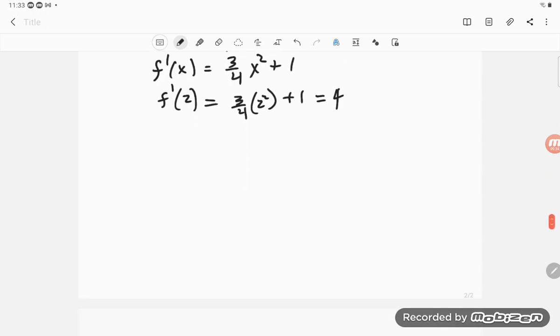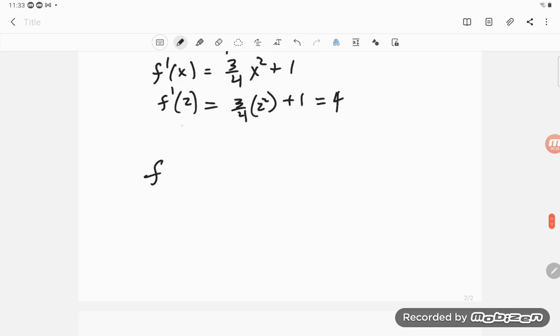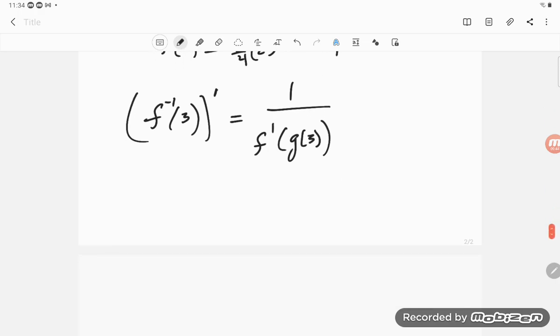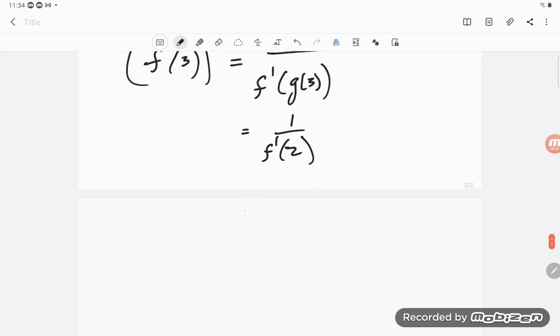And so that tells me that the derivative of f inverse at 3 is equal to 1 over f prime of g of 3, which is equal to 1 over f prime of 2, but we've just seen that f prime of 2 is 4, so I get 1/4.